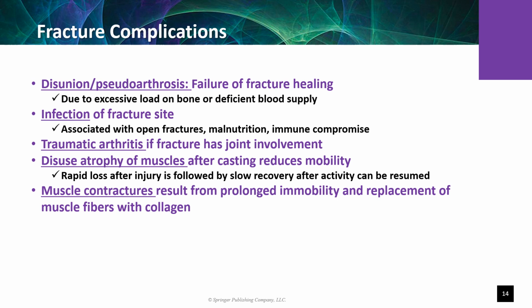Pseudoarthrosis, or a false joint, or a non-union, is the failure of bone formation after 6 months, and this is one of the most common complications of fracture healing. Infection is most commonly associated with open fractures, which are always treated with antibiotics.